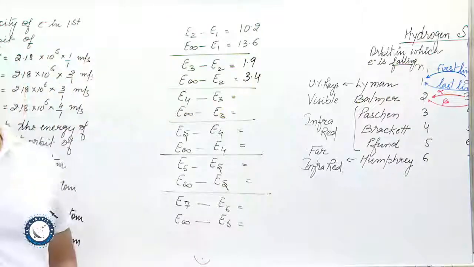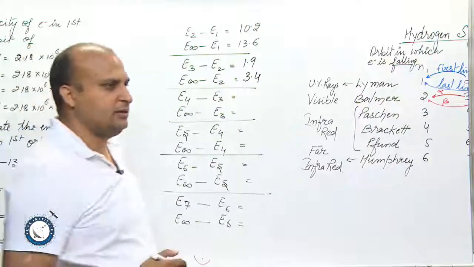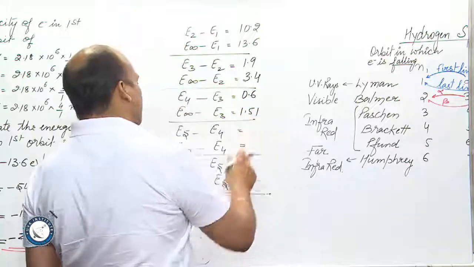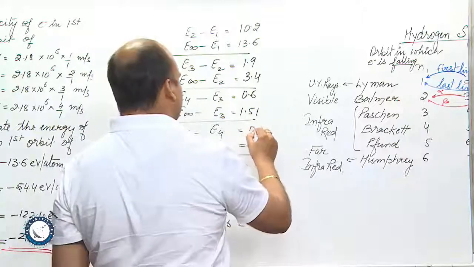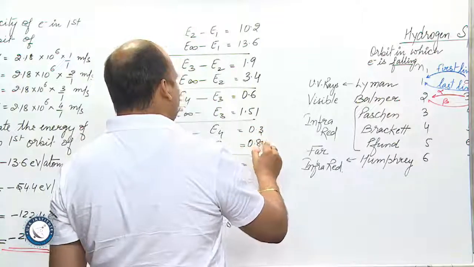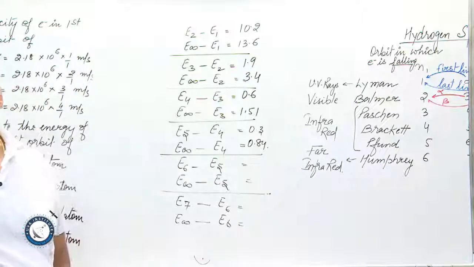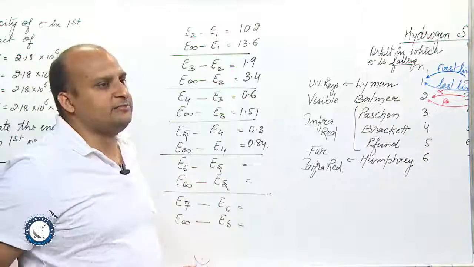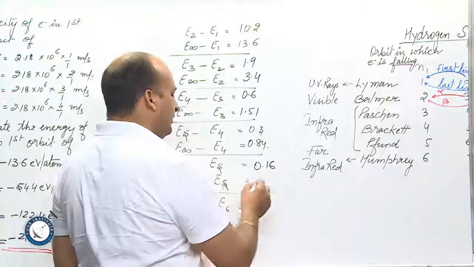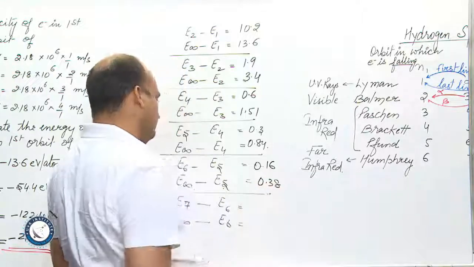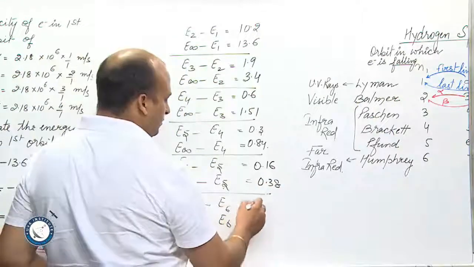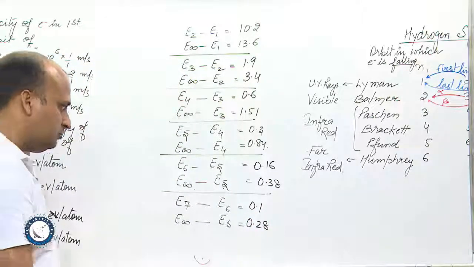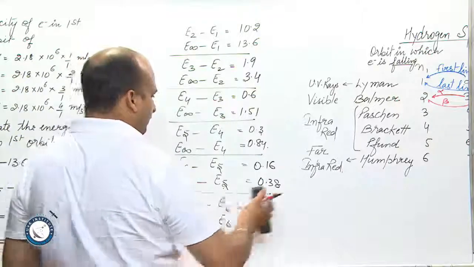What is E4 minus E3? 0.6, 1.51. What is E5 minus E4? 0.3, 0.84. Right? Getting the point? Yes. What is E6 minus E5? What is E infinity minus 0.5? 0.38. Then this is 0.1 and this is 0.28. 0.54.